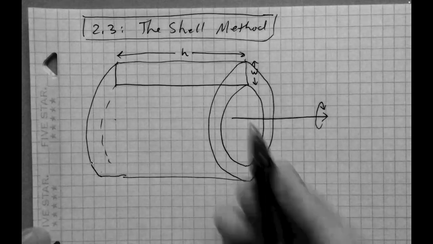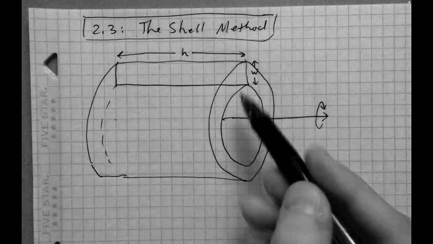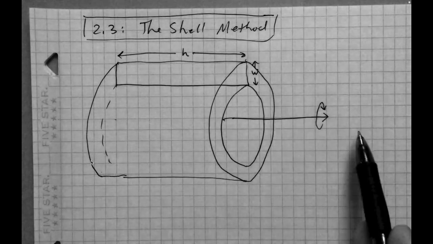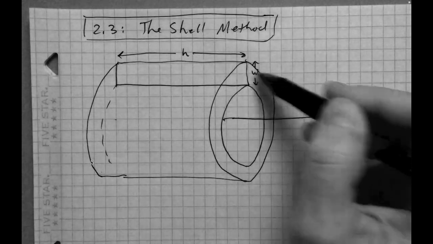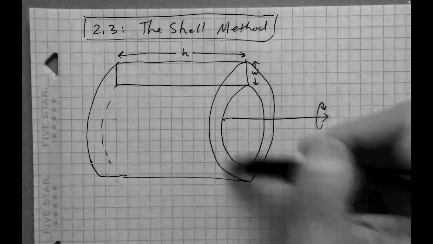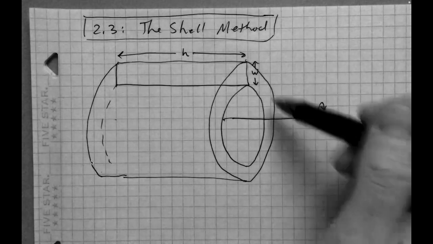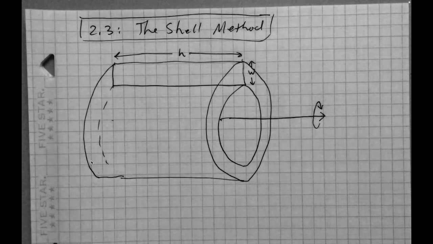So we can picture this. It's this longer rectangle rotating around this axis of revolution here, and it's called the shell method because you create a shell like this. This sort of hollow cylindrical object is called a shell. That's what we mean by the word shell.